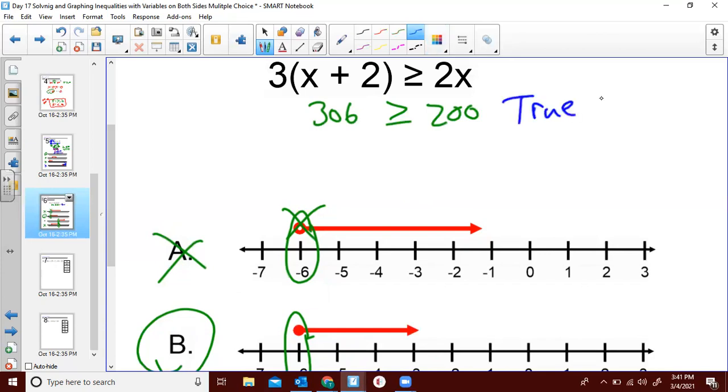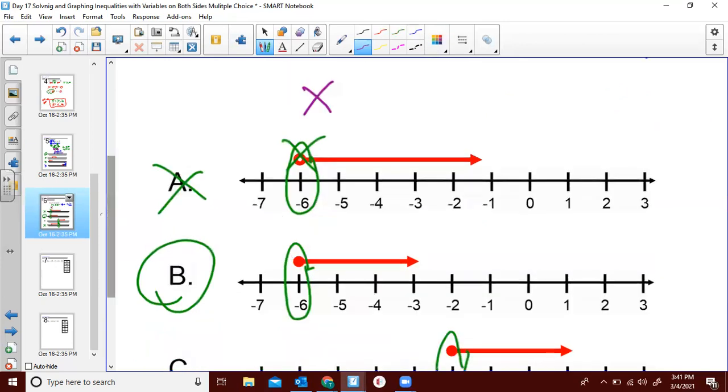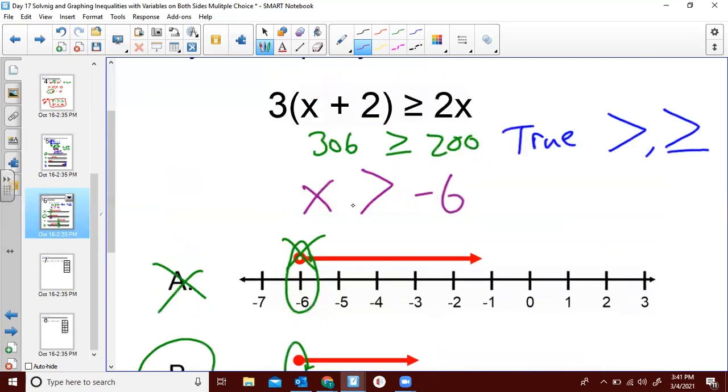And if it's true, my inequality sign is greater than or greater than or equal, depending on what the problem is asking. So if we wanted to write out the inequality, we would take x, put it on the left, take our point of interest that worked in our little test where the left and right-hand sides were equal, and put our inequality sign right there.